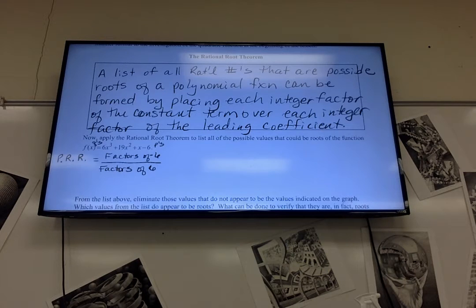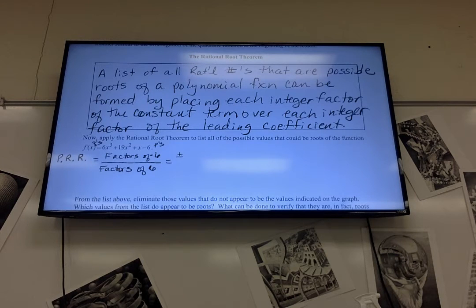Now, it really doesn't matter if it's positive or negative, because when you factor it, you have to consider that factor could be positive or negative in general. Because two negatives multiply to give us a positive, or a negative and a positive multiply to give us a negative. So it could be any positive or negative factor. So the factors of -6 are the same thing as factors of 6. Numbers that divide into 6 evenly.